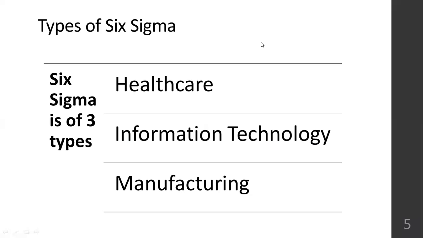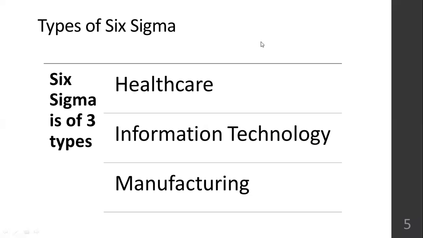In information technology, it is used to upgrade a product. Let's say you have the iPhone 14 Pro, and now they will go to the iPhone 15 Pro. With the help of Six Sigma, they will upgrade it. Whatever errors were in the previous version will be rectified and corrected, and the new version will be released.